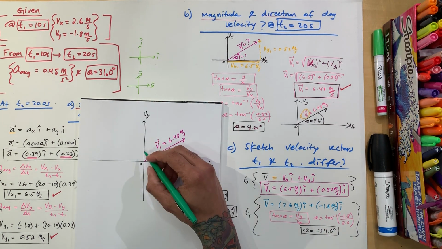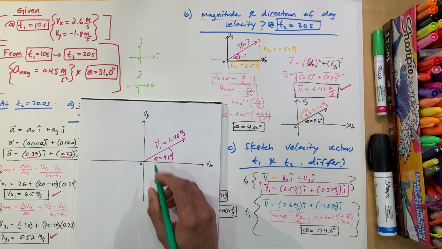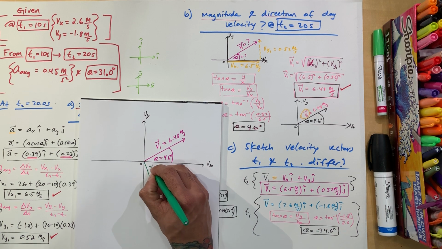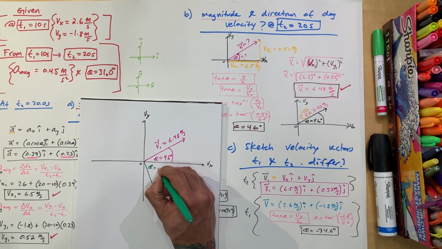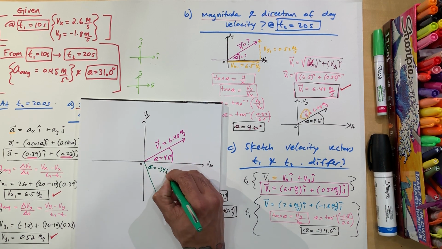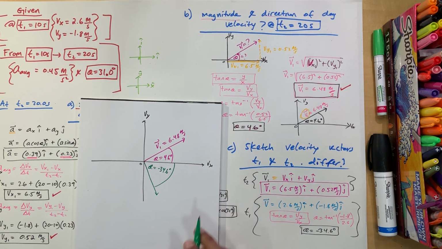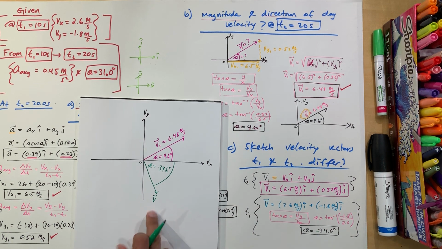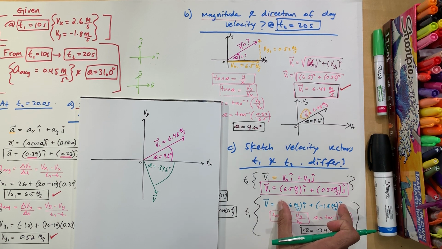So if we're gonna go down negative 34, let's just put it there, theta is equal to negative 34.6 degrees, all right? And the vector here, we're just gonna label with V, is equal to all of this.